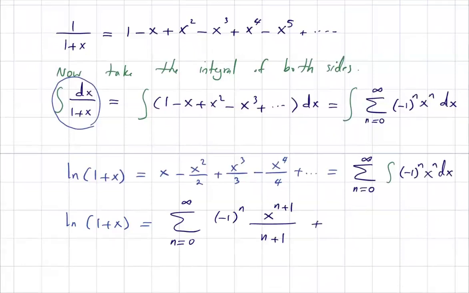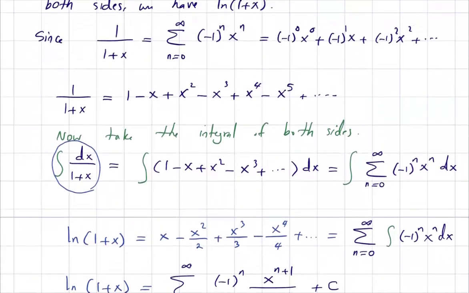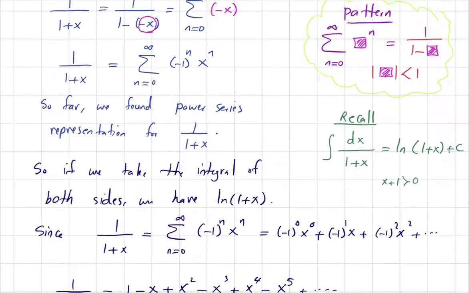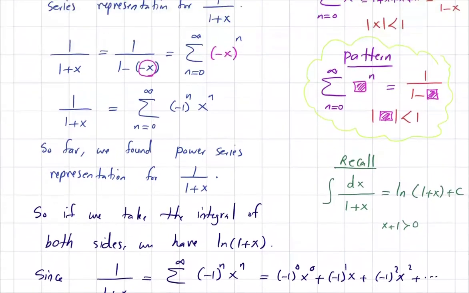You can add the constant of integration at the end, and then note that the absolute value of x must be less than 1. Why is that? If we go back up here, remember that the absolute value of the quantity must be less than 1. But the quantity here is -x. The absolute value of -x must be less than 1.